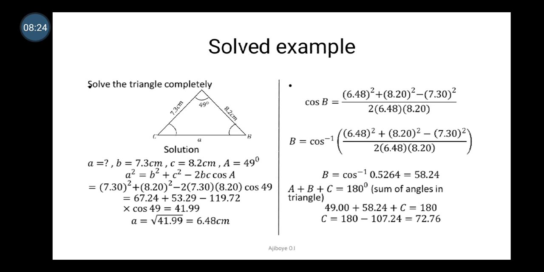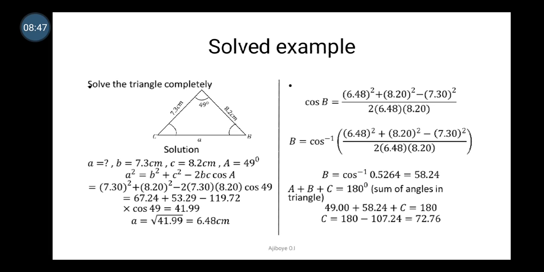So we have two angles already, angle A and angle B. We can therefore find angle C. Recall that angle A plus angle B plus angle C is equal to 180 degrees. This theorem is the sum of angles in a triangle. If you sum the three angles in a triangle, they must sum up to 180 degrees. Since we know angle A and B, we substitute.